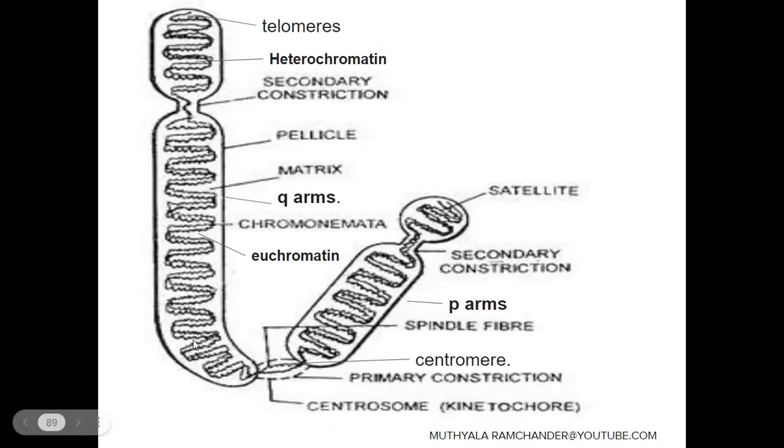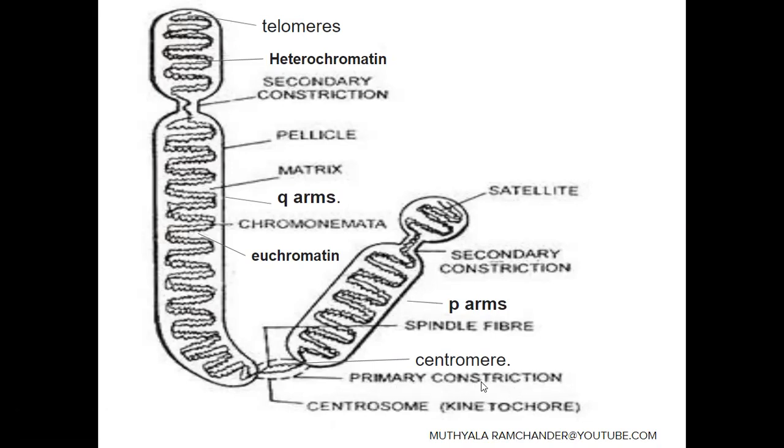During the formation of these chromatonemata, they show euchromatin and heterochromatin. Mainly around the centromere, the chromatonemata make primary constrictions. That means the chromatonemata start from the centromere, and the started chromatonemata are called primary constrictions.